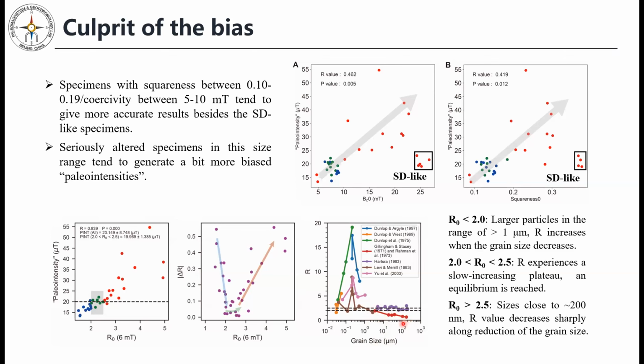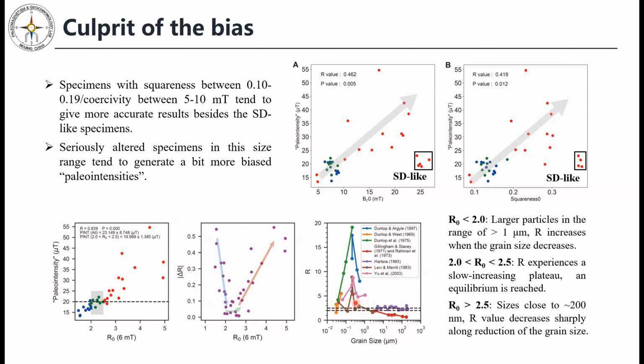If the sample has an initial R value below 2, R will increase when the grain size decreases, and it will get an underestimation. If the R is between 2 and 2.5, it will have a stable plateau. Also, the larger particles here will have an increasing R, but the smaller particles here will have a decreasing R, so it may reach an equilibrium.